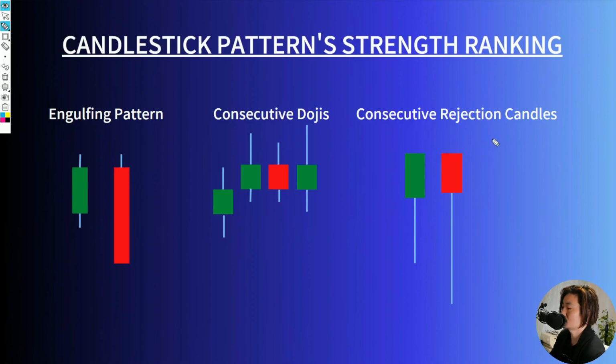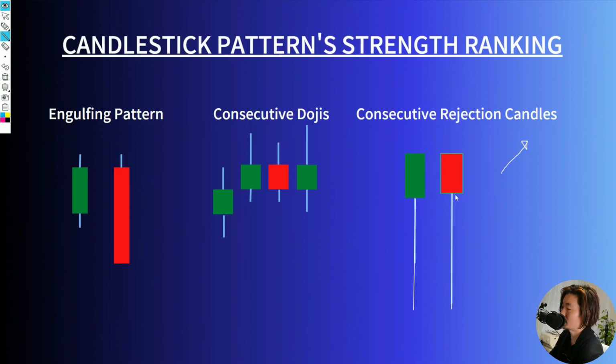Okay, so strong consecutive rejection candles, in this case showing future long strength, first of all depend on the color of the bodies. If you want strong future long strength, you want all the rejection candles to be green candles, because we want future long strength. And the longer the wicks on the downside, the better.